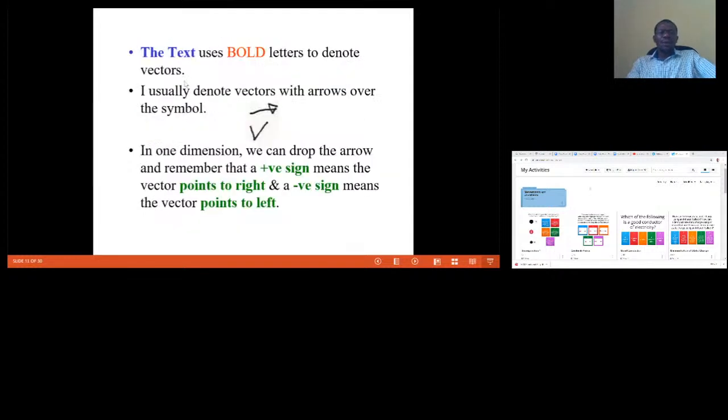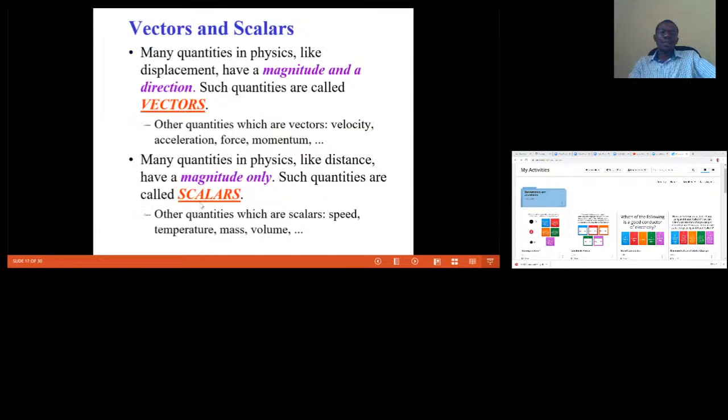Now, when you are representing vectors, of course, you use an arrow on top. For instance, if you are talking about velocity, then you put an arrow on top to signify that what you have is a vector. And this point is what I had been trying to belabor: in one dimension we can drop the arrow, and remember that the positive sign means the vector points to the right, and the negative sign means the vector points to the left.